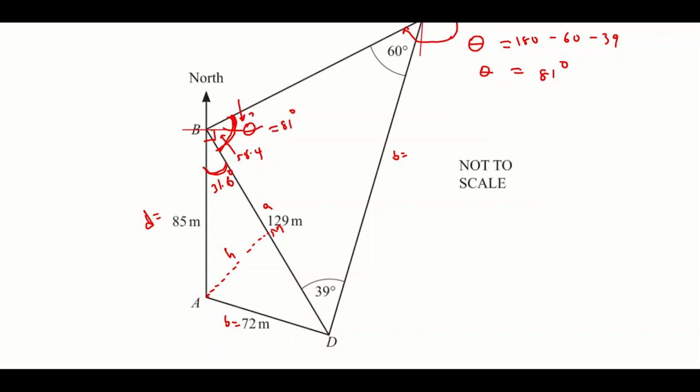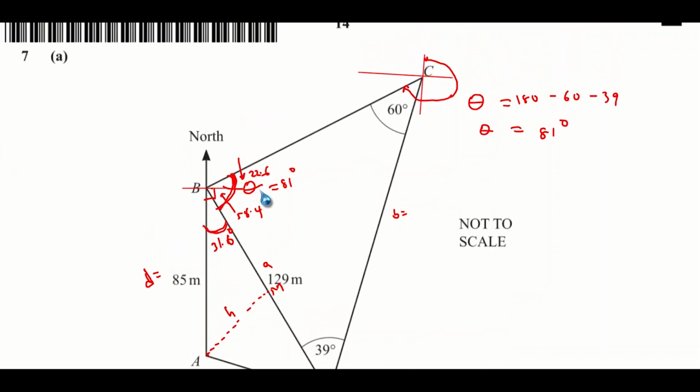So I'll put 22.6 here. This will help me. I know that this angle here, up to this line, they are alternate angles. So this place will equal 22.6. So I think I can now get this small angle here.